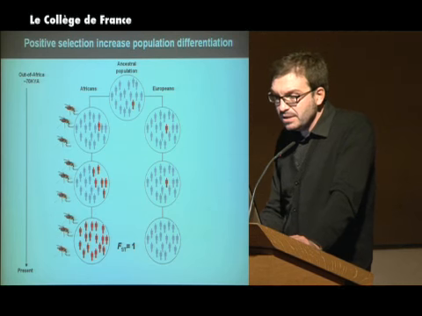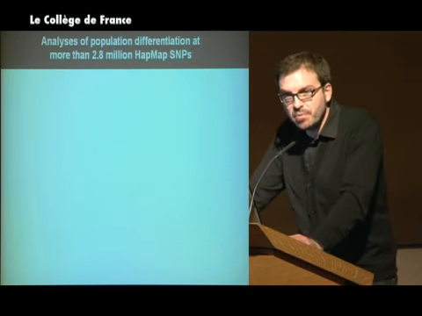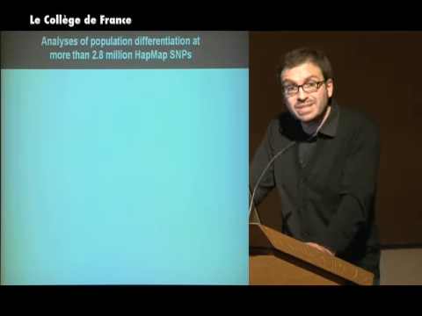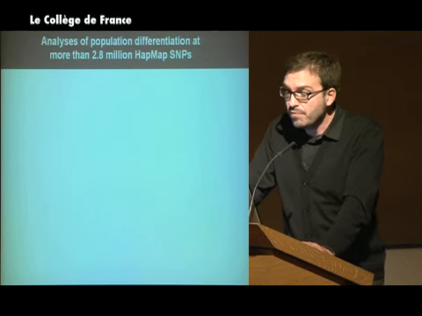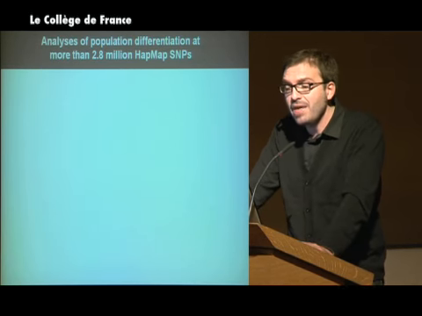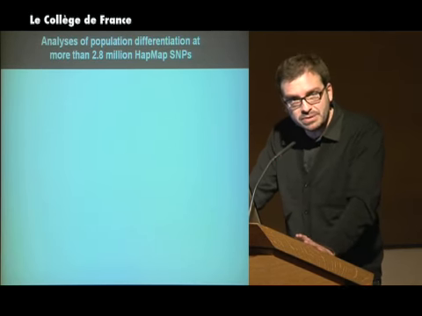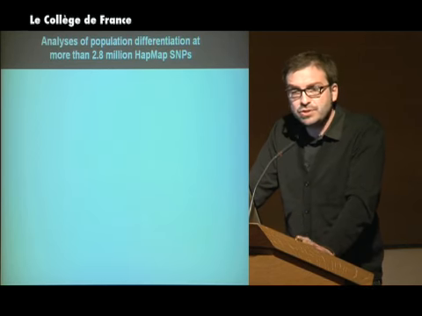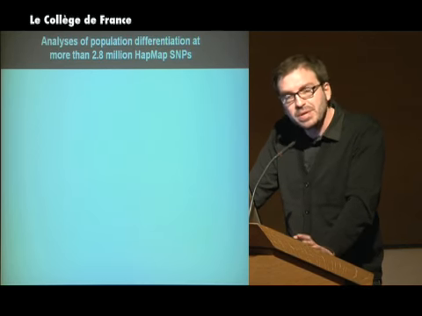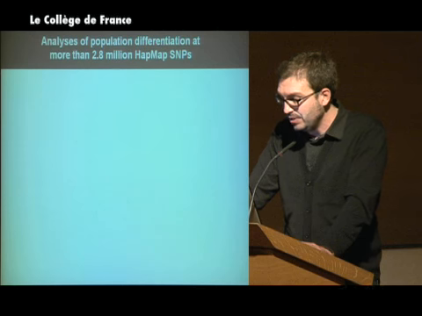So what we've done is we've measured the levels of population differentiation, so genetic distances, of around 3 million SNPs of the HapMap International Consortium, which is made of 4 populations: 1 African population, 1 European population, and 2 Asian populations.